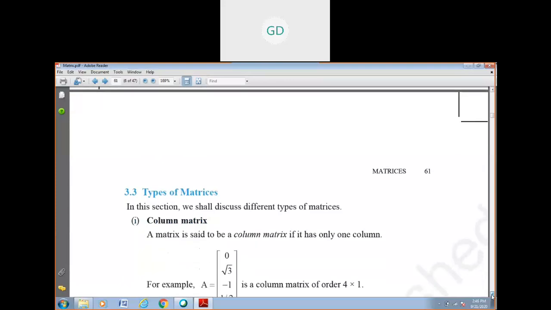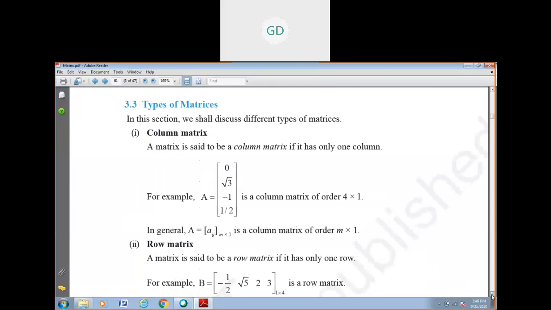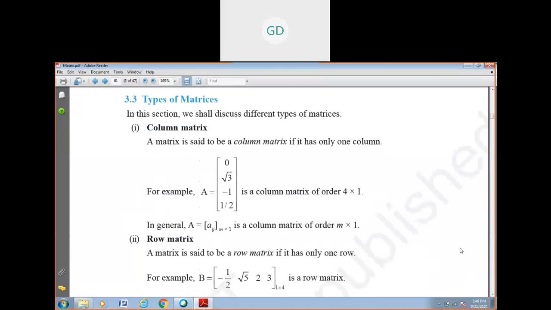Now let's go through some types of matrices. In a matrix, as you know, there are some rows and some columns, and based on the nature of the elements, and sometimes on its structure, some types are defined.